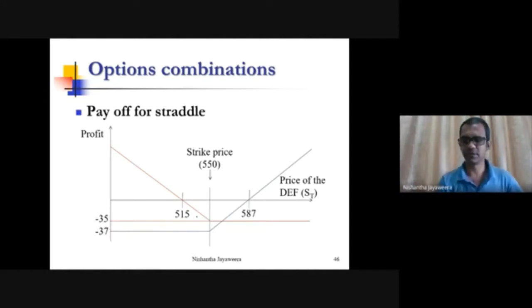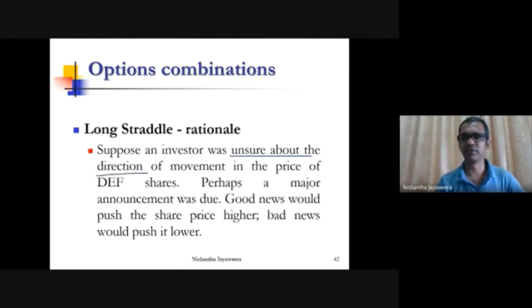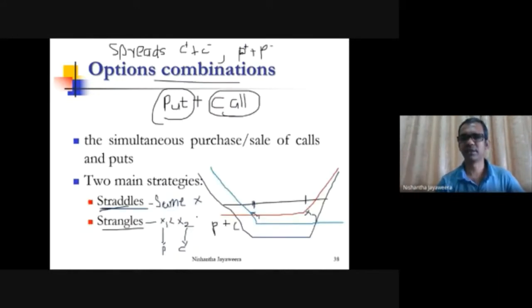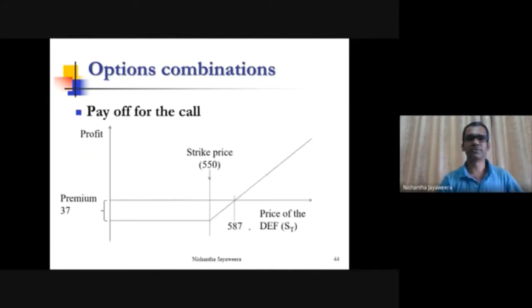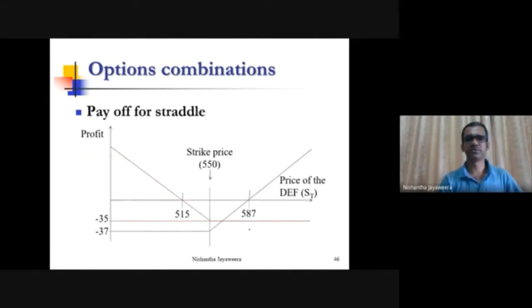I think when I drew this I did it the other way around, but the call premium should be higher than the put option premium. So these are the two payoff diagrams.